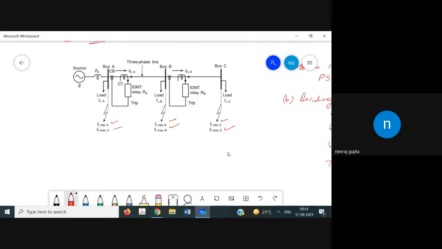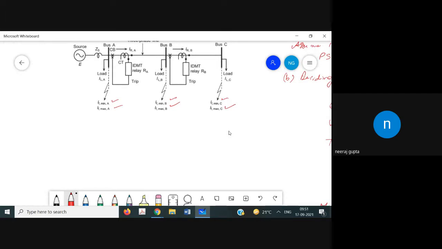Now one more point is that the plug setting of RB should be less than the minimum fault current at C, and greater than the load current plus overload.